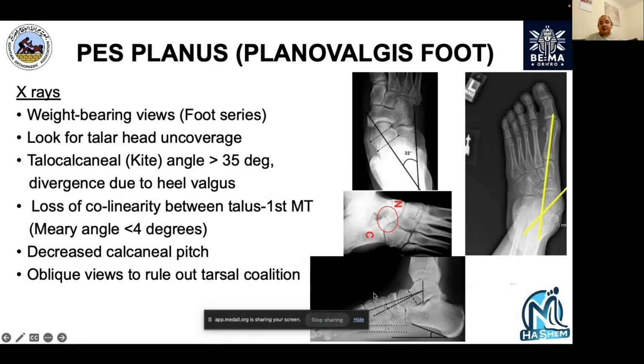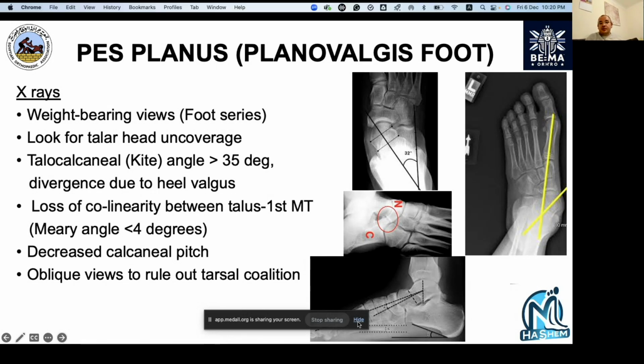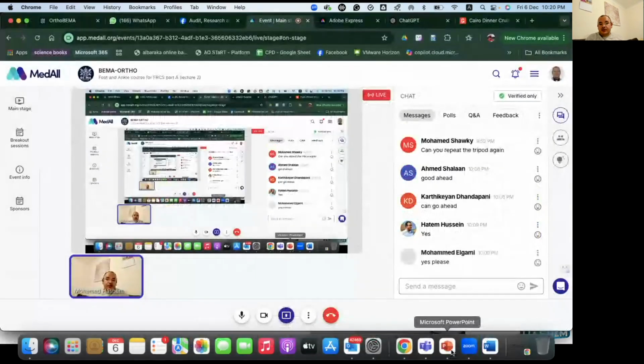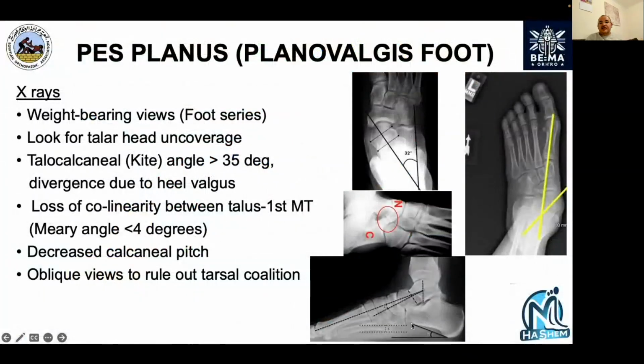Then you can easily spot, from the lateral side, the Meary angle, which is the angle between the longitudinal axis of the talus and the longitudinal axis of the first ray and navicular.